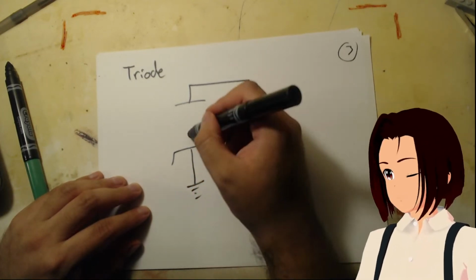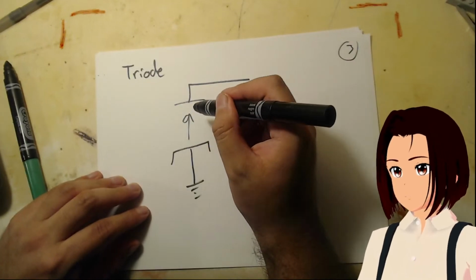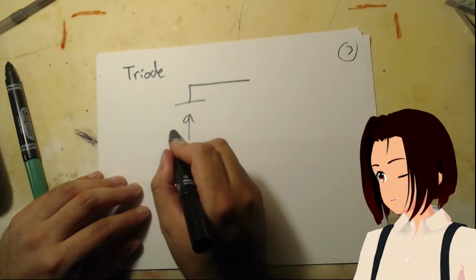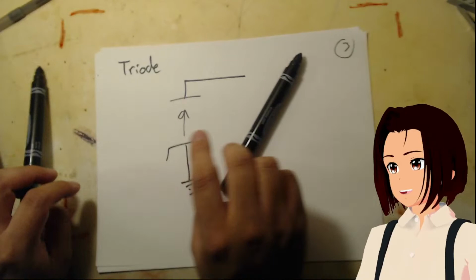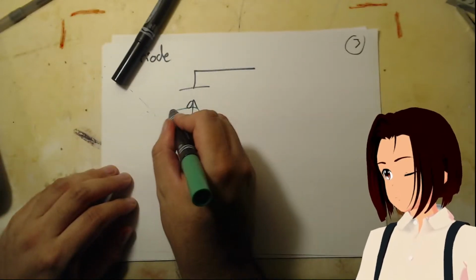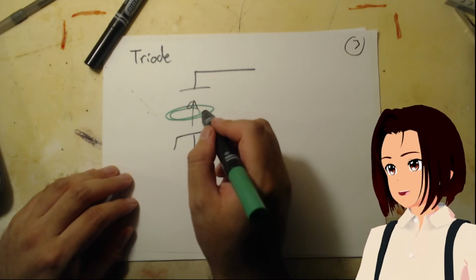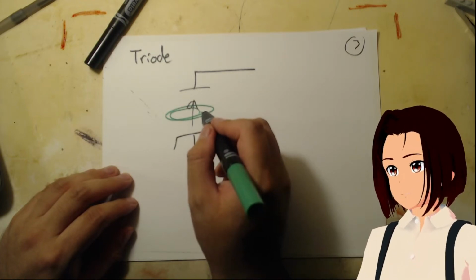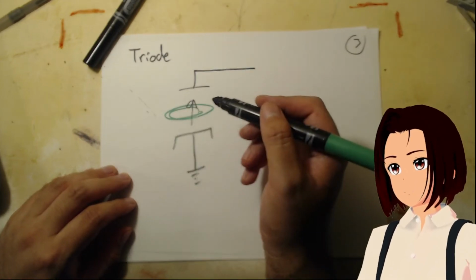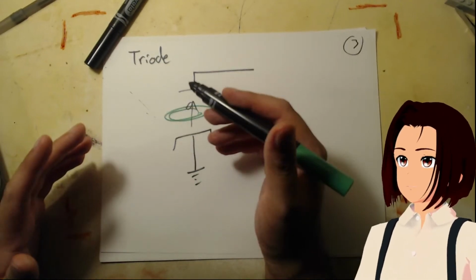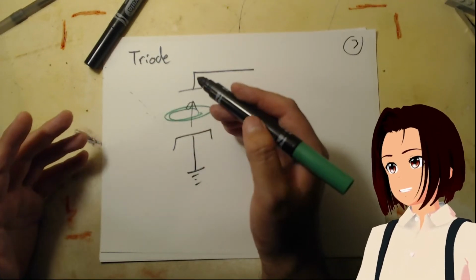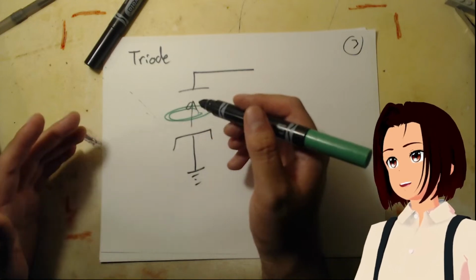Electrons flow this way, but what if we could introduce some kind of alternative, where if we could somehow introduce electrons here, what would that do? That would stop the flow of electrons or interrupt it.